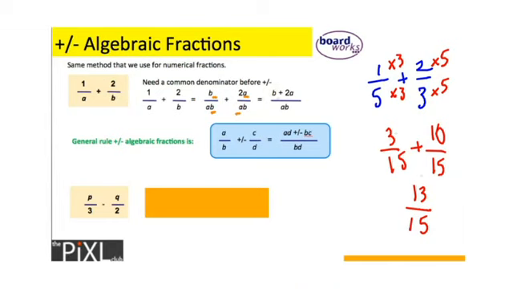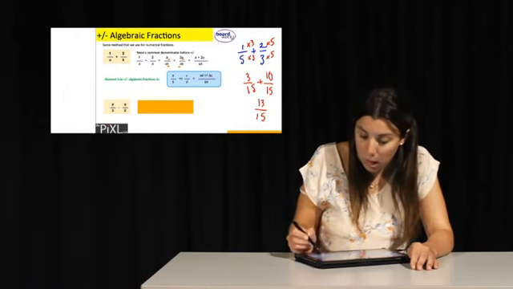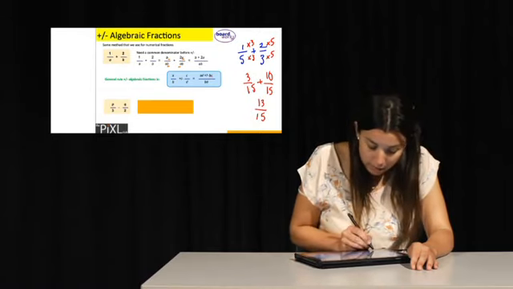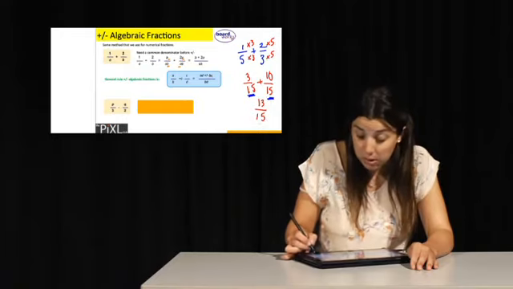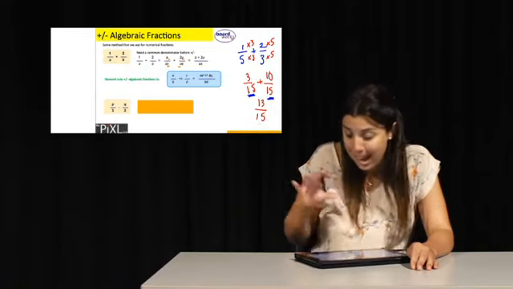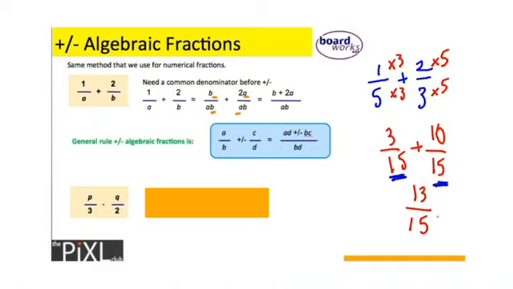Here we have b add 2a, all over ab. ab stays the same, okay? We don't add our 15 and our 15 to make 30, it's just over 15, because we've got 3 15ths, add another 10 15ths. In this example, we have b over ab, add 2a over ab. So this ab here stays the same.